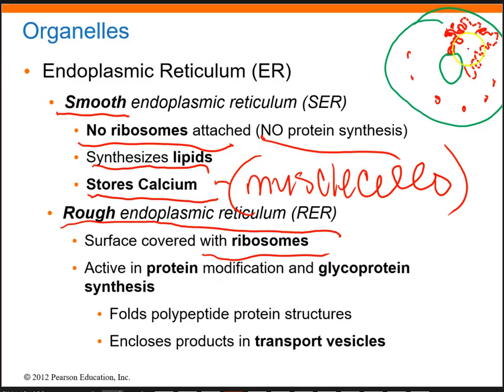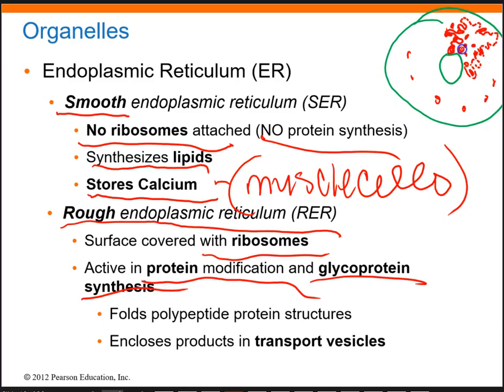So the part of the endoplasmic reticulum that has the ribosomes attached is called the rough ER because it's literally a bumpy surface. The rough endoplasmic reticulum is active in protein modification and glycoprotein synthesis.